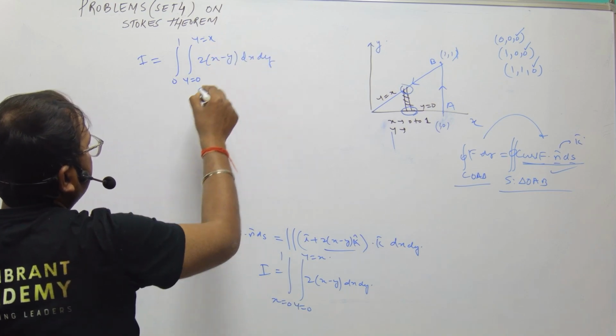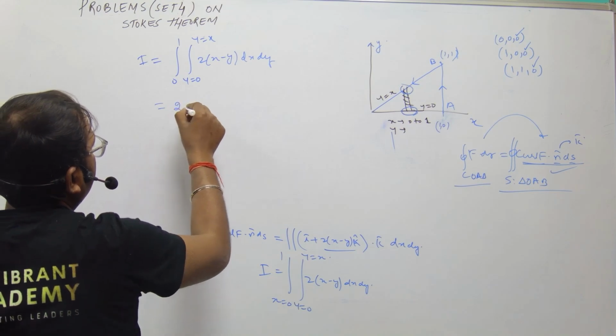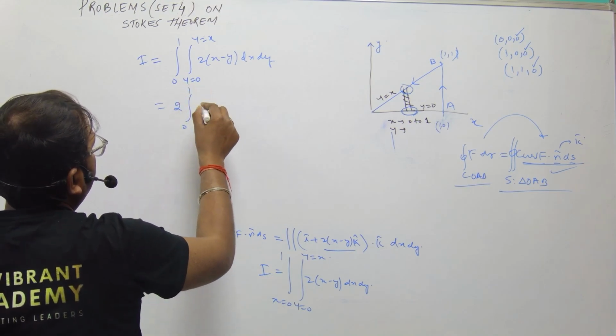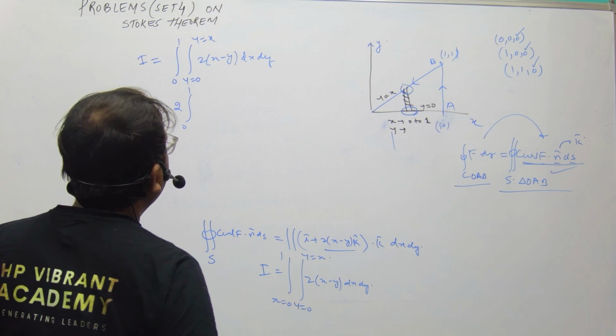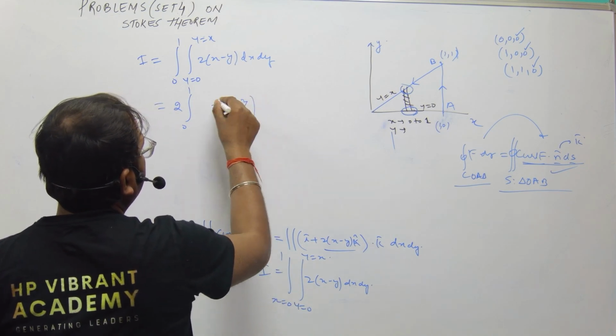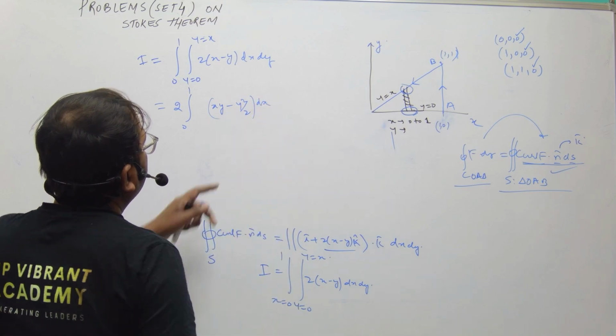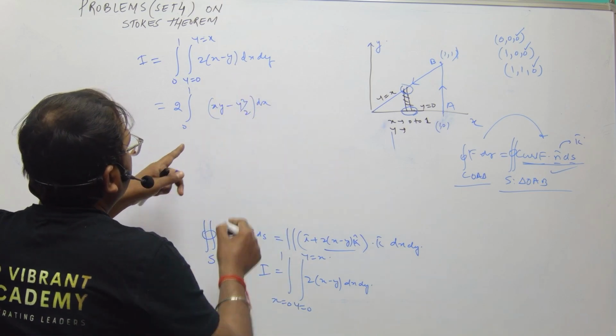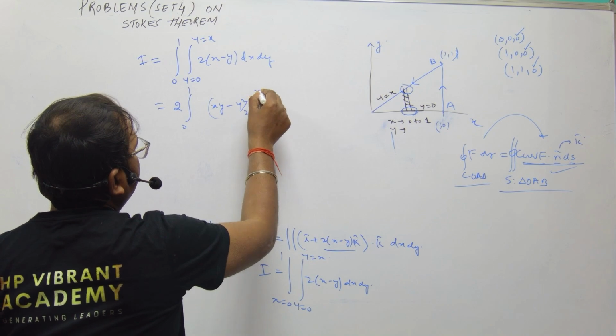Let us integrate this with respect to y first. Let us take 2 outside. This is the integral from 0 to 1 of xy minus y square upon 2, with limits y is equal to 0 to x, dx.